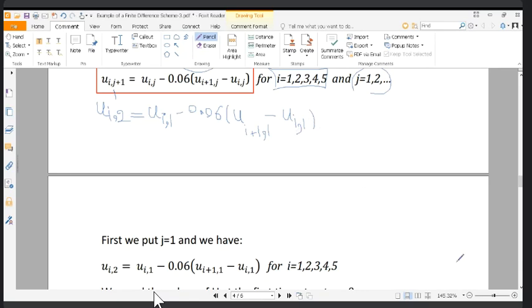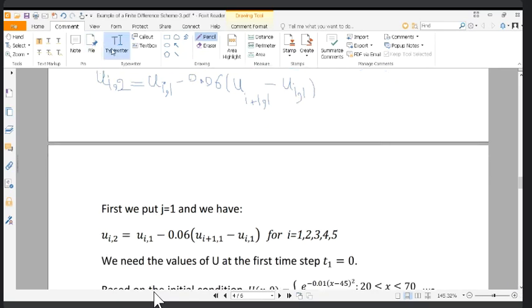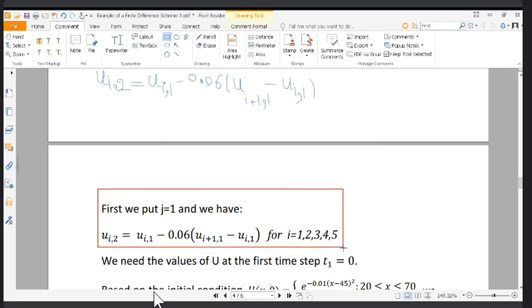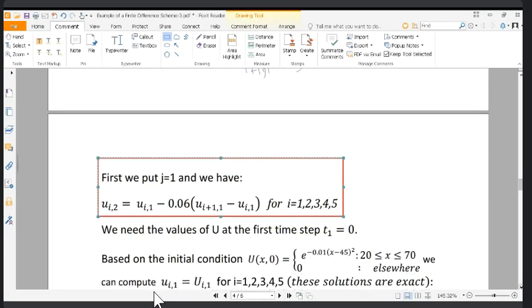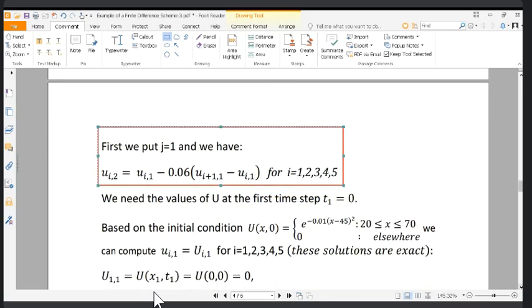You can see this at this line. When we put j equal to 1, we have this formula, for i equal 1, 2, 3, 4, and 5.